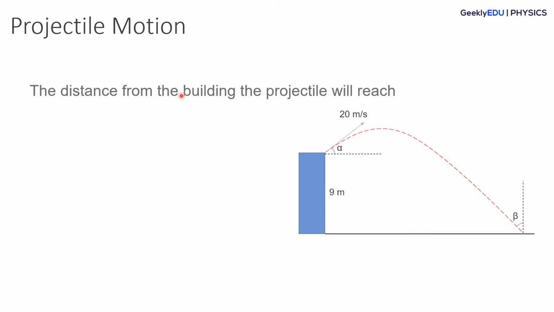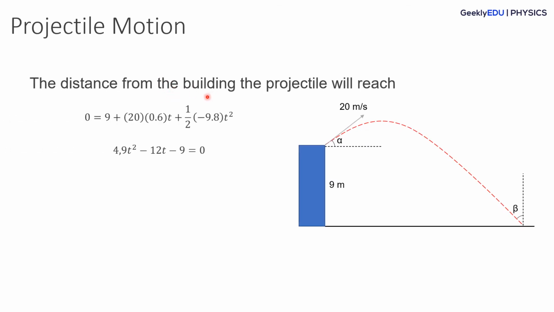So, continue with the calculation here. We can add the values to the space function. We have 0 equals 9 meters of the building, plus 20 meters per second times the sine of the angle, which is 0.6, and also add the gravity acceleration.